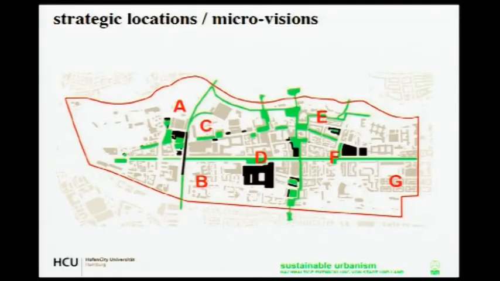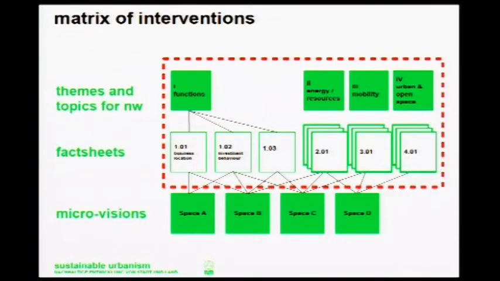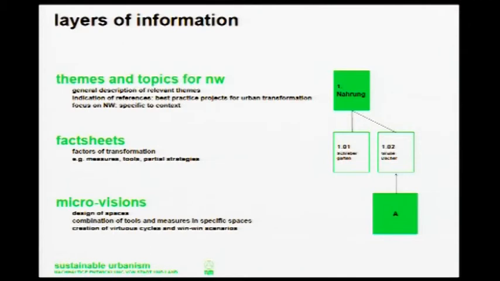So this was the element where the students were super busy exploring different aspects of the site, and those were the strategic locations for which we developed microvisions, because we thought that in any case something needs to happen here. And that leads you to this matrix, this toolbox, which we're currently still working on finalizing.